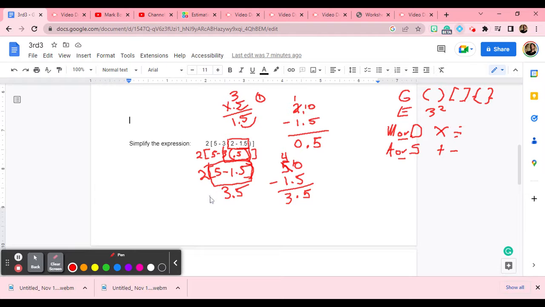And then 2, which I can keep in brackets, or I could just put down times. My next step is to do the last thing, which is 2 times 3 and 5/10. So I'm going to put my 3 and 5/10 times 2.